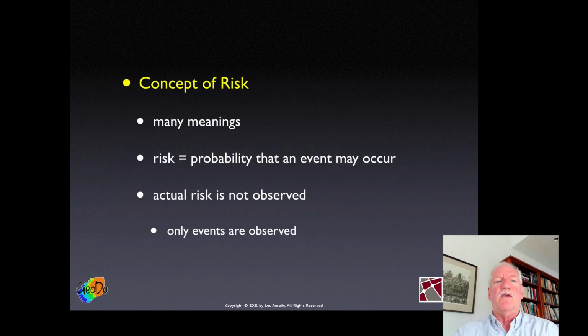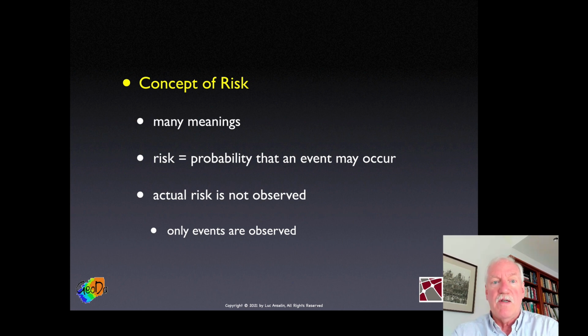Risk is a complex concept. It has many meanings in many different contexts. Here we will use the notion that risk is the probability that an event may occur. But we don't actually observe the risk. We do observe events, and of course we can think of these events as being generated by a risk surface, but the risk itself is unobserved.